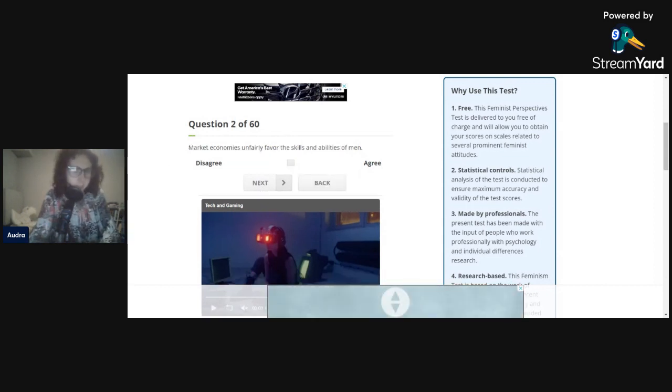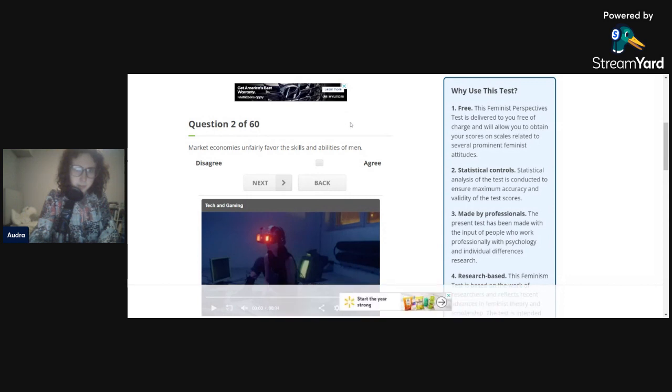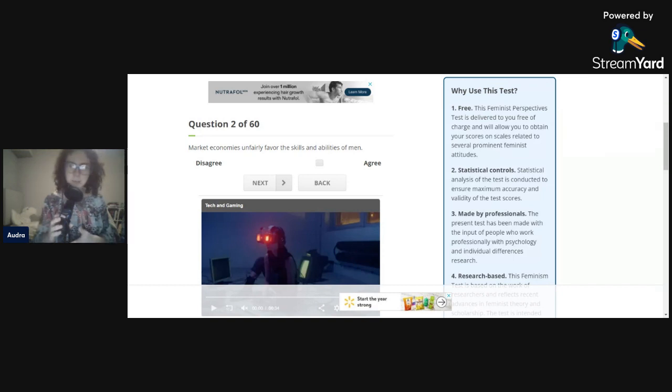Market economies unfairly favor the skills and abilities of men. I agree with that. I think there's some level of nuance we can talk about here because I think women are actually overtaking men in quite a few fields, which is remarkable given how far behind society had left them. And of course, women often have it harder in the workplace.